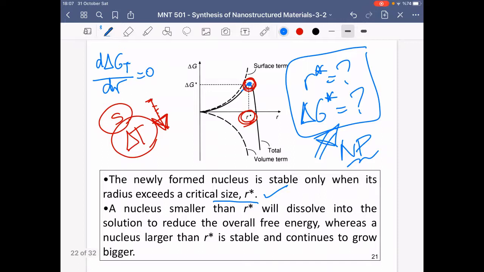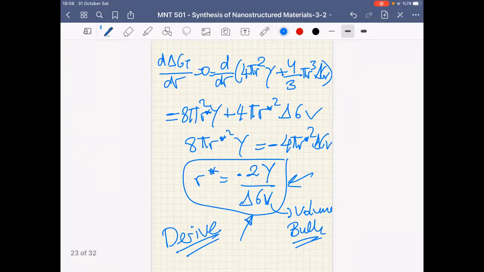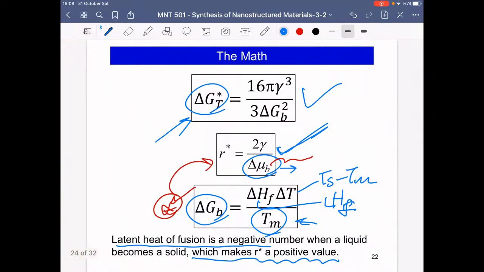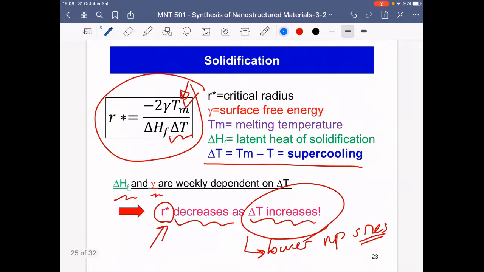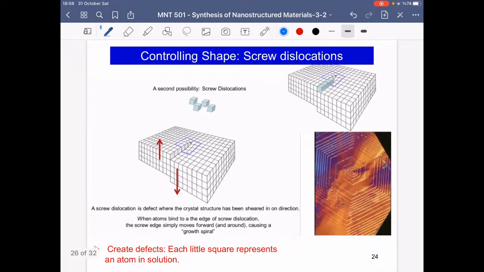And another way to do that, okay, supercooling does it. You reach it maybe here, but it's not really doing that. I want to lower the delta G. How do I lower the delta G? This lowers the R critical, but what I really want to do is lower the energy.